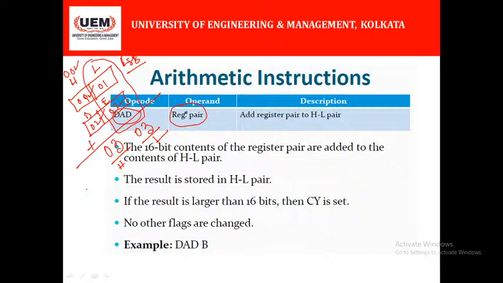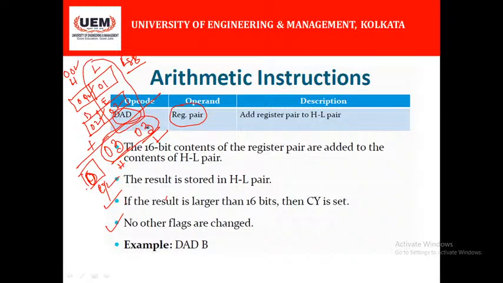After this 16-bit addition operation, the result or sum is going to be stored in the HL register pair. If the result is larger than 16-bit, then obviously the carry flag will be set to 1, otherwise the carry flag will remain 0. No other flags are changed in this operation, because we are storing the summation in the HL register pair, not in the accumulator.